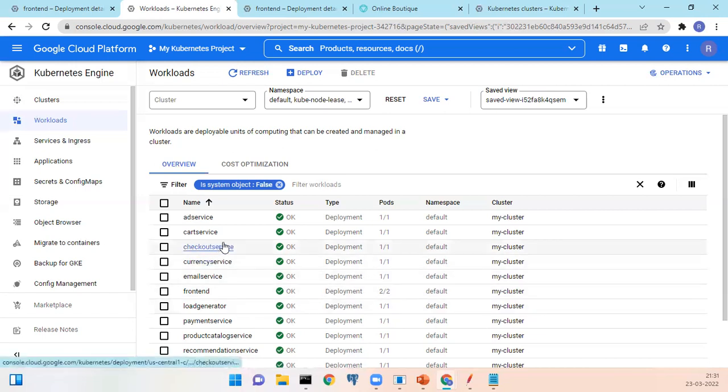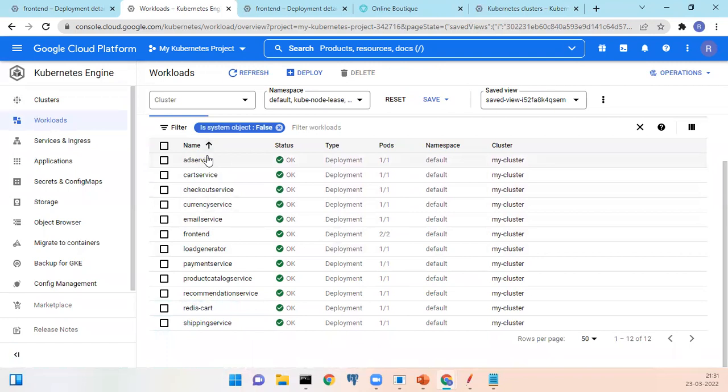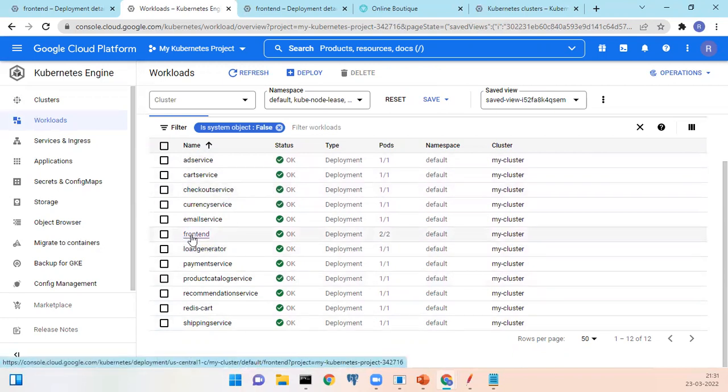If you observe, there are around 10 plus microservices, or 10 plus workloads. For each workload, one pod is allocated. It means this add service runs on one pod, this runs on another pod, and so on and so forth, except for the front end workload. If you observe here, this runs on two pods.